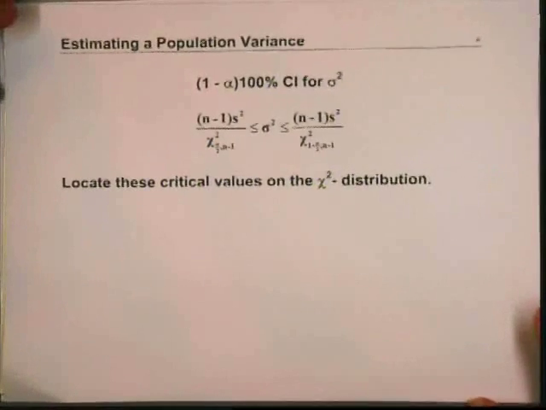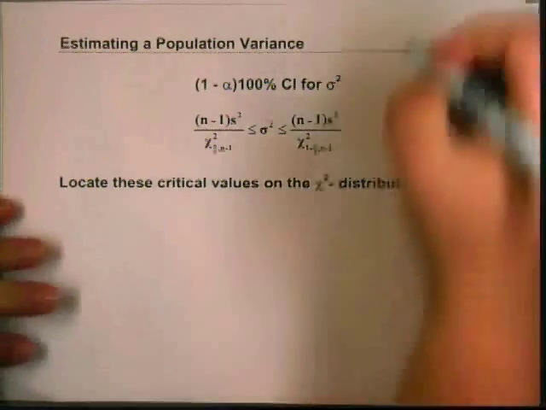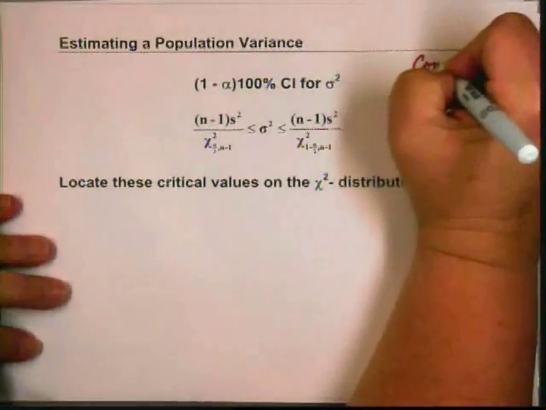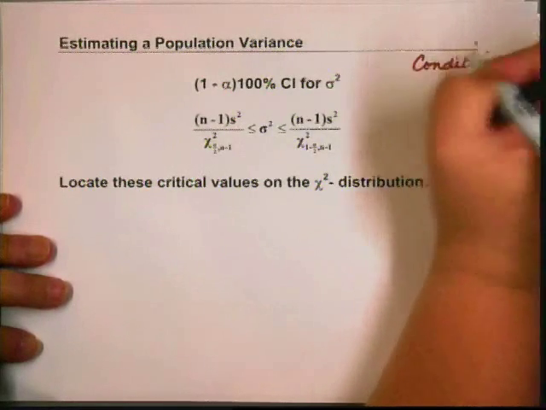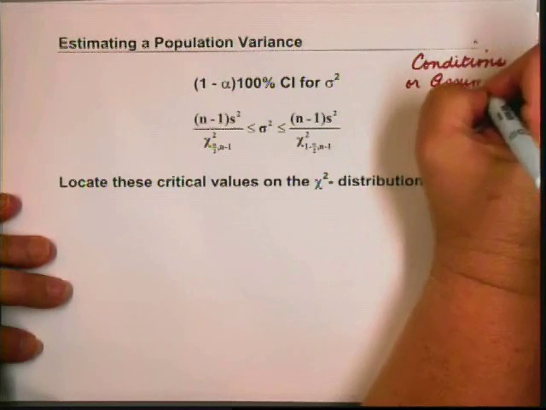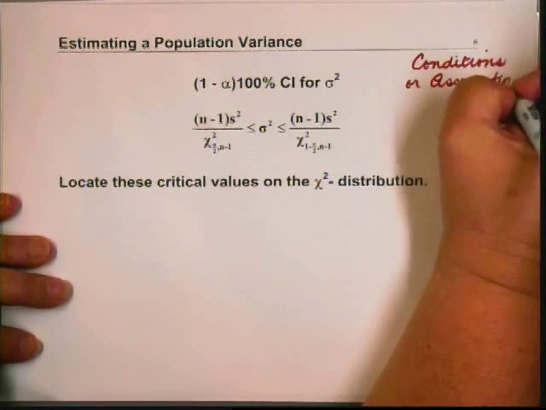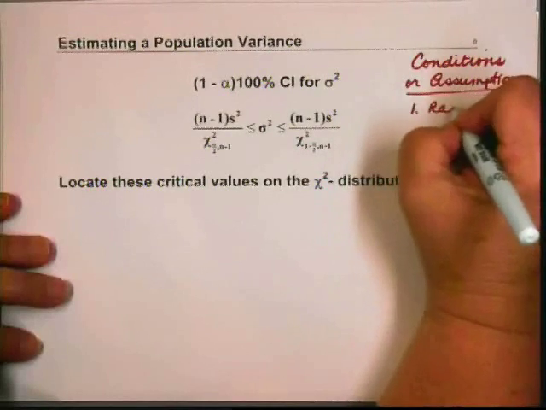We can also talk about a confidence interval for a population variance. And I didn't write it on here, but should have, our conditions or assumptions. Of course, that we have a random sample.